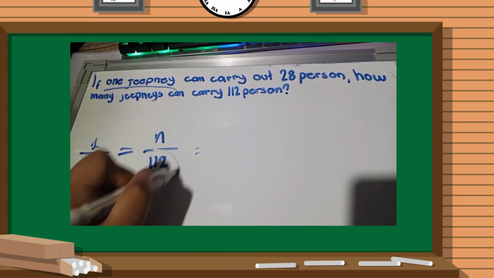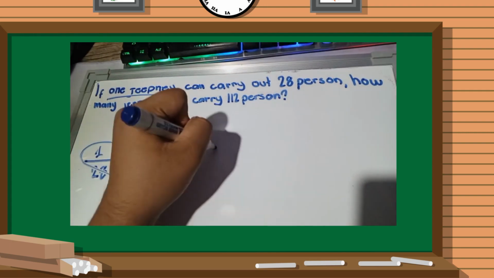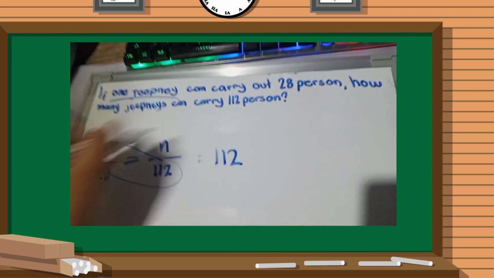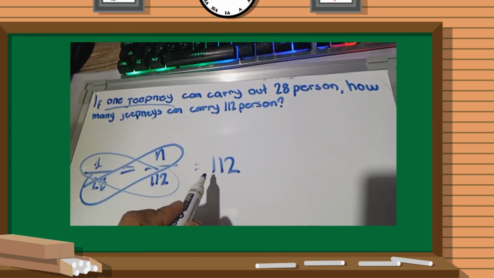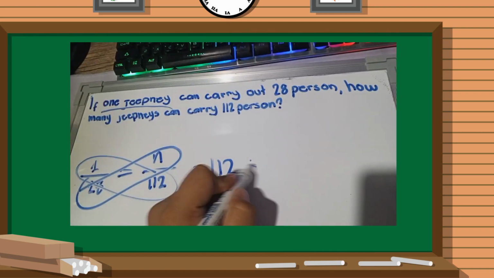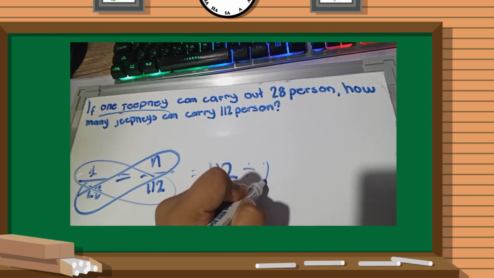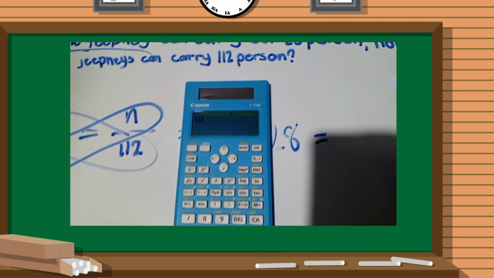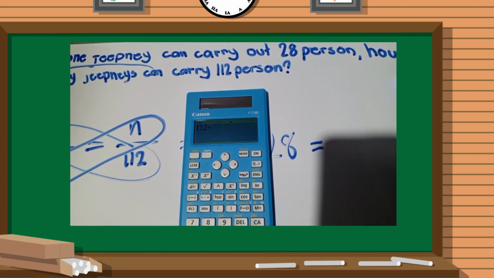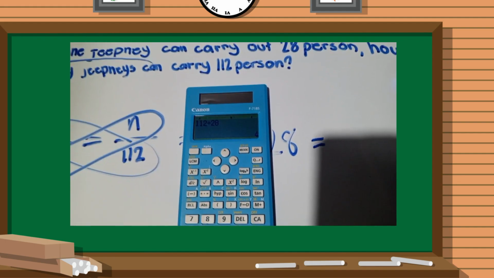So 112 multiplied by 1 is equal to 112. 28 multiplied by n is equal to 28n. 112 divided by 28 is equal to 4.